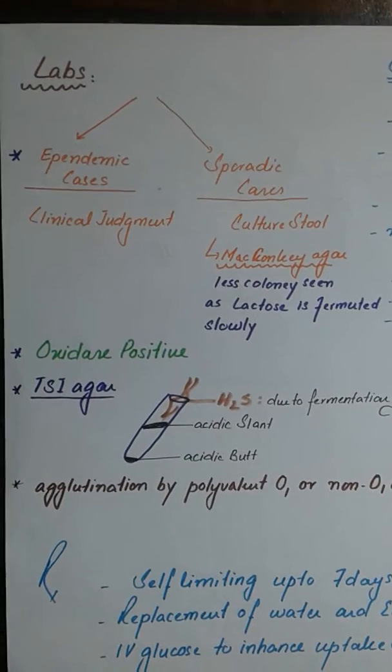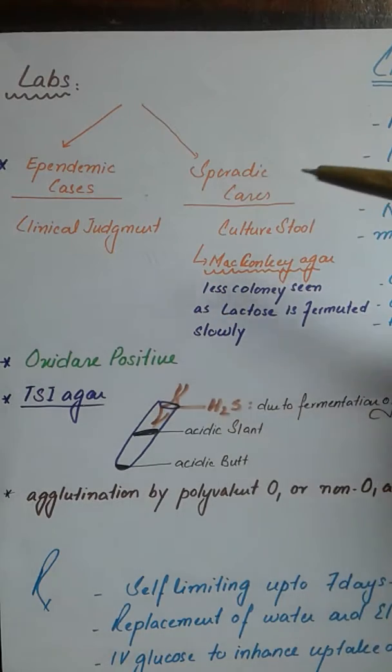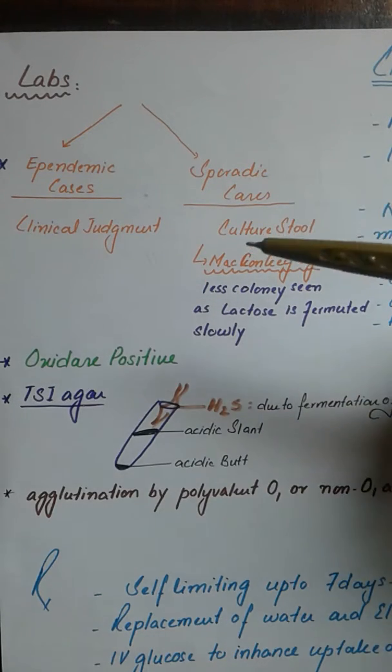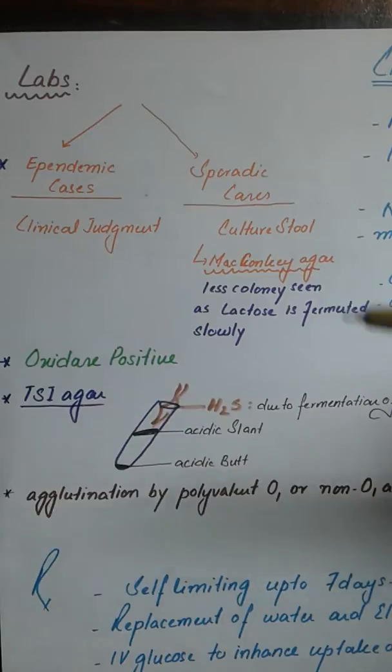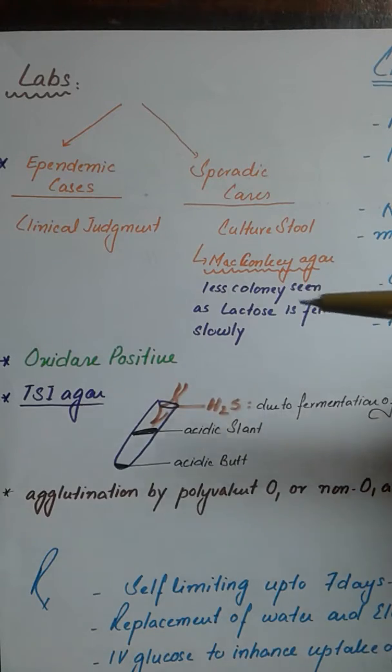Now, what sort of labs do we do for it? In endemic cases where a huge population is involved, we use our clinical judgment. In sporadic cases, we can culture the stool and grow this organism, as it is gram-negative, on MacConkey agar. But fewer colonies are seen because this is a slow lactose fermenter.